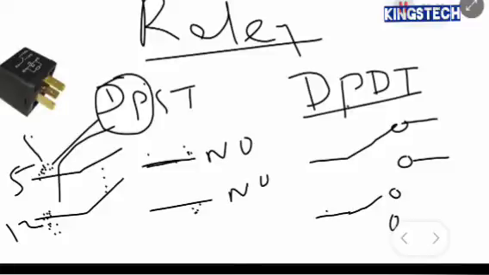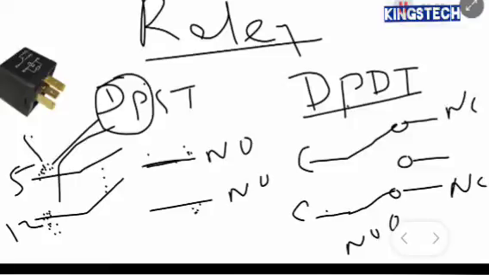So here is normally closed, while this other place is normally open. So here is the common, just the same thing here, normally closed and normally open.